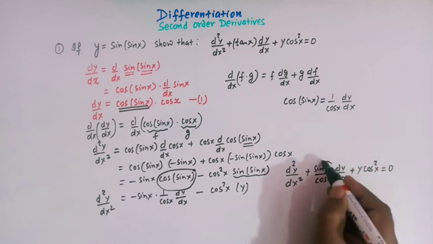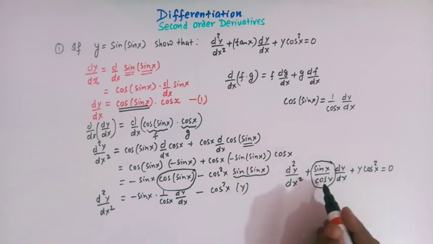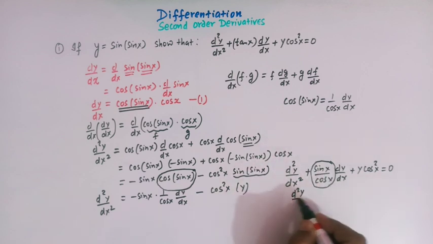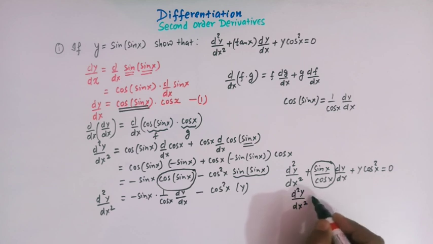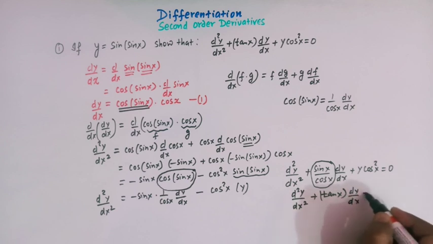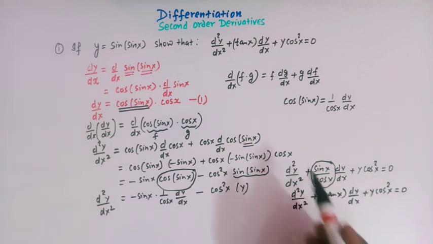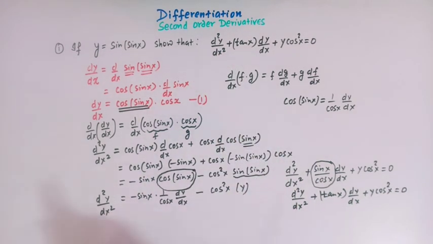Sine x over cos x can be replaced by tan x. So we have d2y over dx2 plus tan x times dy over dx plus y times cos square x is equal to 0. So this is the desired result, and this is how we can solve this problem. Now let us take the second one.